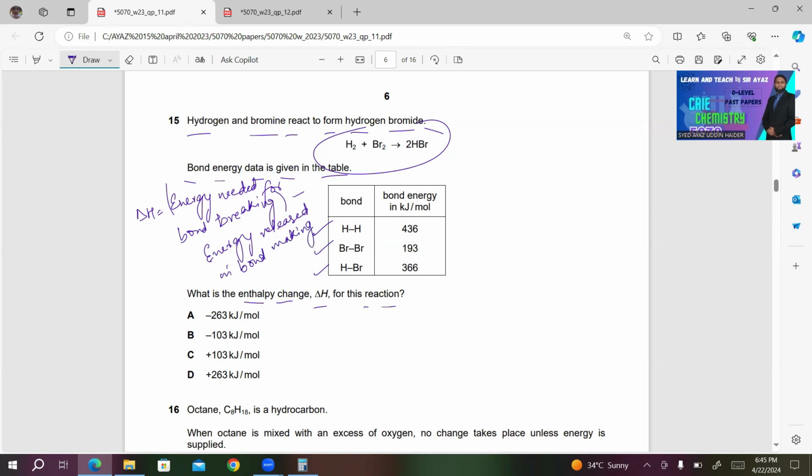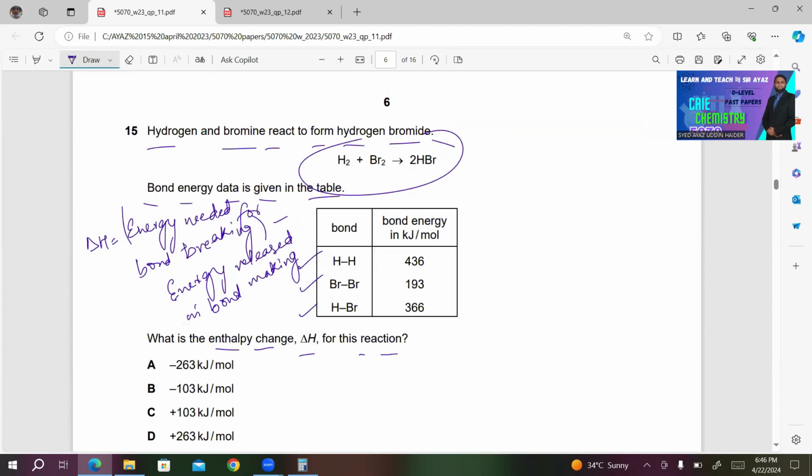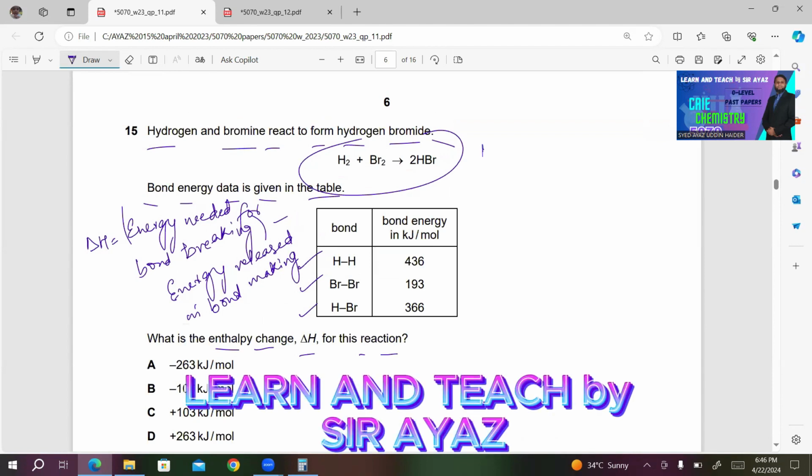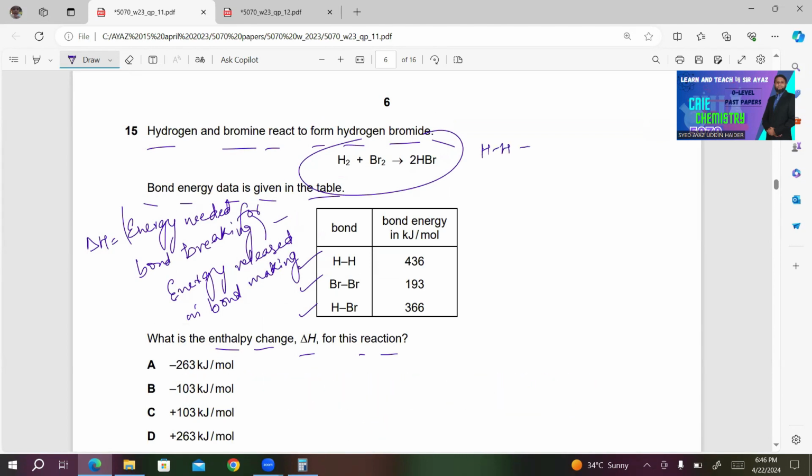So what do you have? We have H2 plus Br2 gives 2HBr. I am going to draw the displayed formula of these. So we have H2, H bond H plus Br bond Br. This is the reactant. These are the reactants.